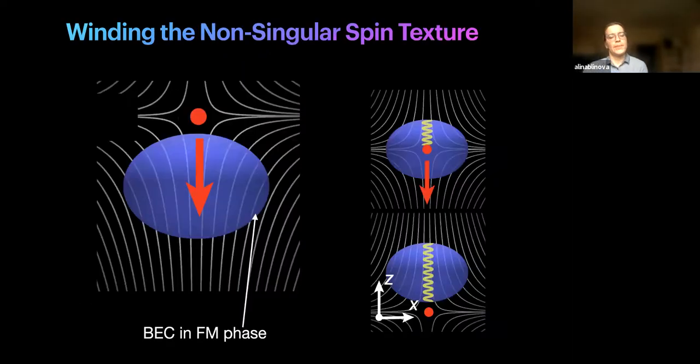Okay, so the way we create these textures is, we start on the left here. The blue blob is the BEC in the ferromagnetic phase, and we bring down our quadrupole field. Initially, all your ferromagnetic spin vectors are roughly aligned.